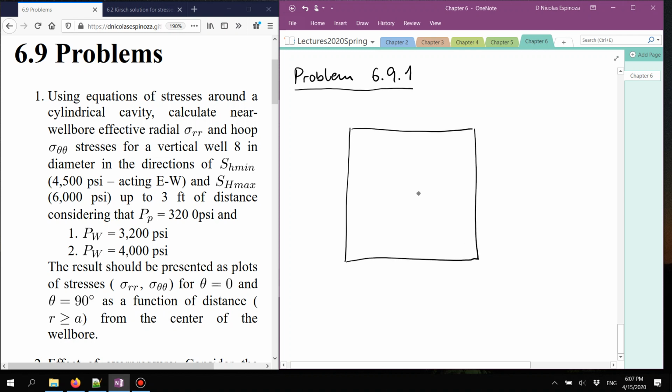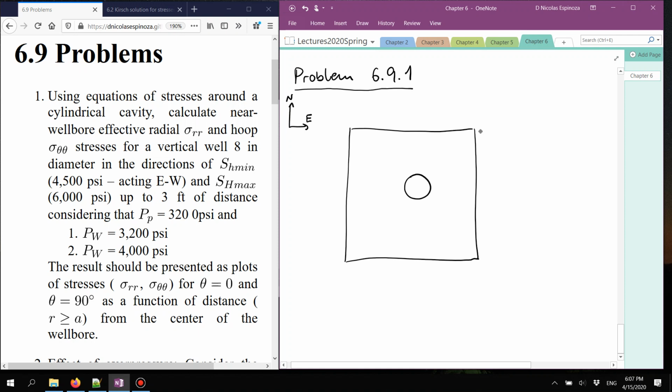We're going to make a cross-section of the wellbore. This is a vertical wellbore. It tells us that the minimum principal stress is 4,500 psi and is acting in direction east-west. Let me add a coordinate system over here, north and east.